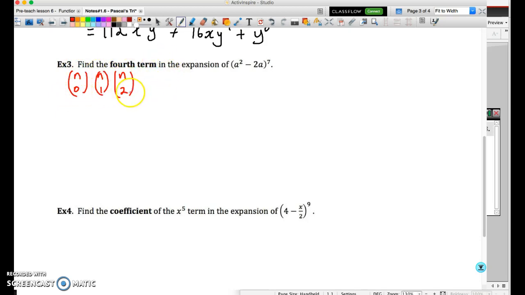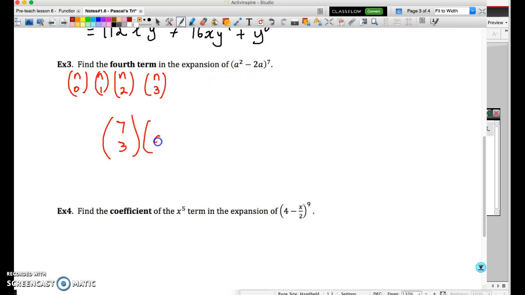And so those are going to increase, and then when we finally reach the last term, of course, it will be n choose n. So keep that in mind. When we're looking for the 4th term, we're really looking for NC3 in the setup of this problem. And so in this case, the n happens to be 7. So it's 7 choose 3 because it starts at 0.